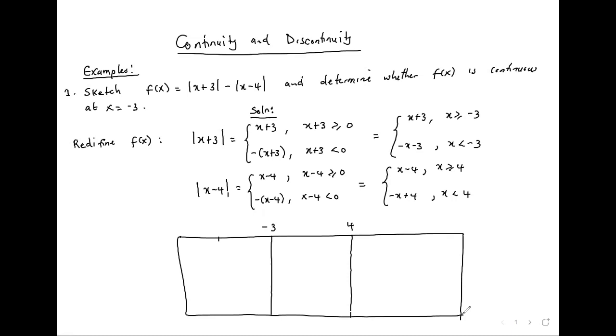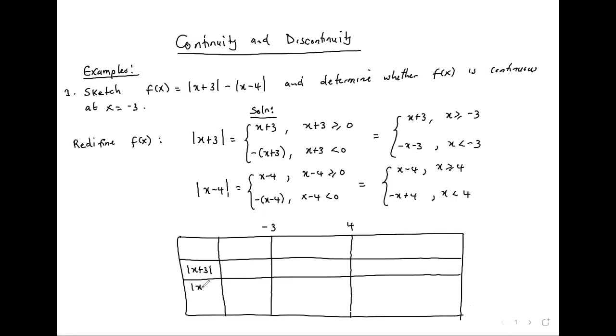So for the first one, the modulus of x plus 3, the modulus of x minus 4, and then f of x. X less than negative 3, negative 3 less than or equal to x less than 4, and x greater than or equal to 4.